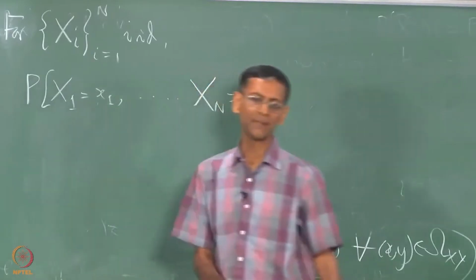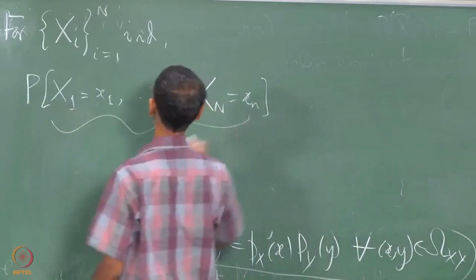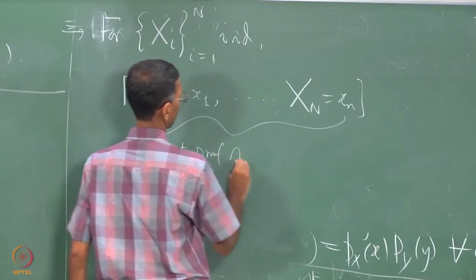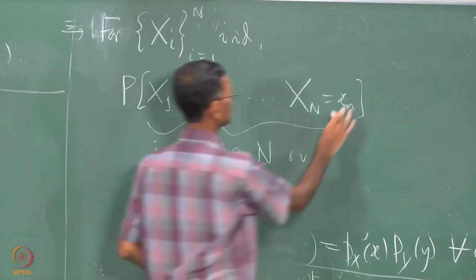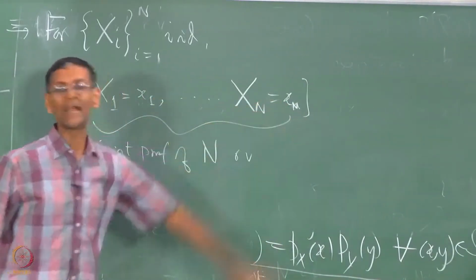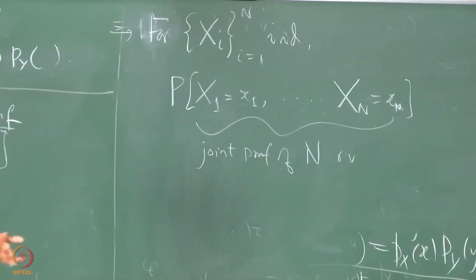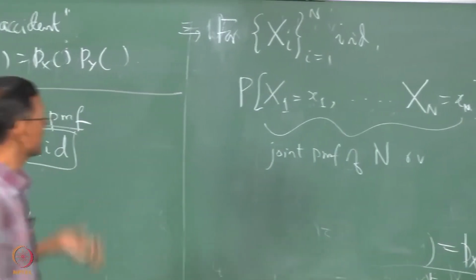In fact, this is the joint PMF of n random variables, where x1 through xn are some random vector values that the whole random vector x can take. So what is this going to be equal to?